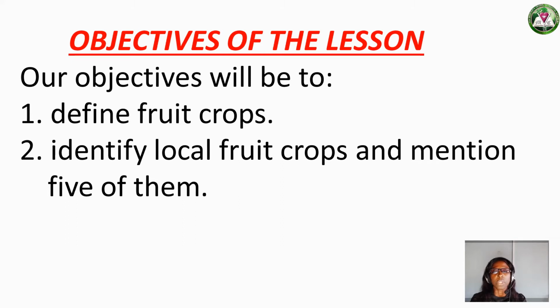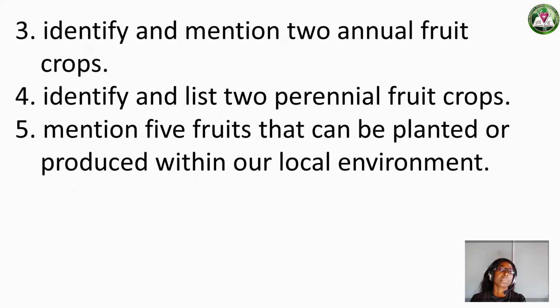Identify local fruit crops and mention 5 of them. 3. Identify and mention 2 annual fruit crops. 4. Identify and list 2 perennial fruit crops. 5. Mention 5 fruits that can be planted or produced within our local environment.